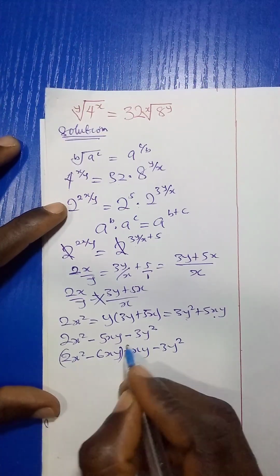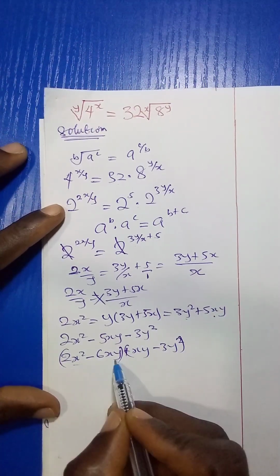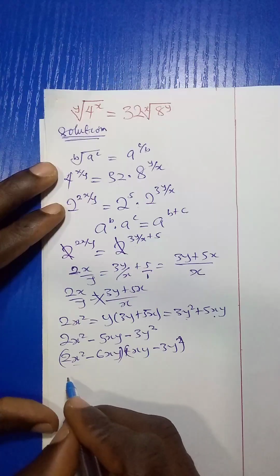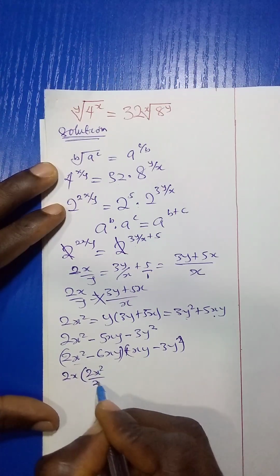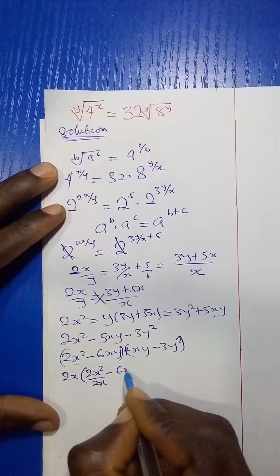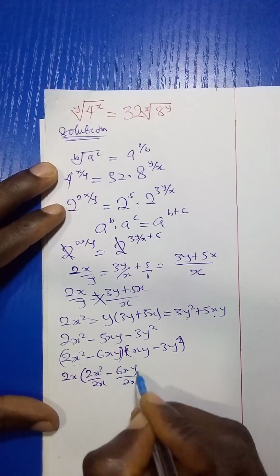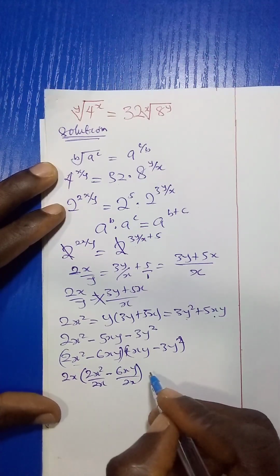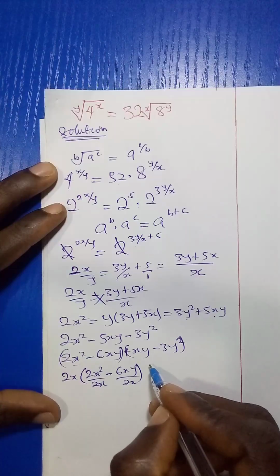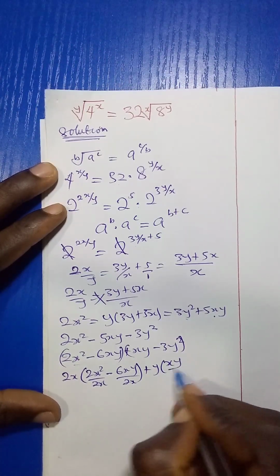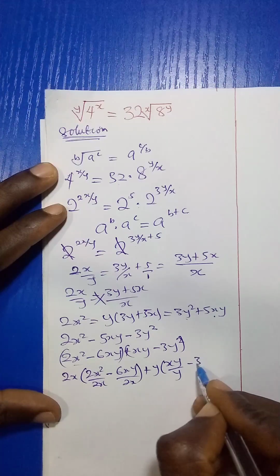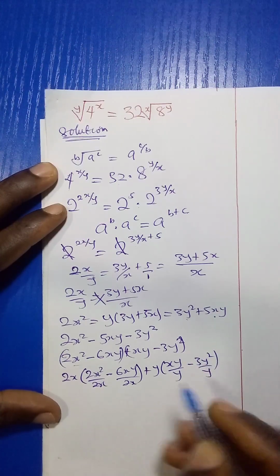Now let's put them in brackets. In the first bracket, 2x is common. Let us bring it out and divide the bracket by that term we brought out: minus 6xy over 2x. Then close brackets. In the second bracket, y is common. Let's bring it out, then divide the bracket by y: 3y squared over y.